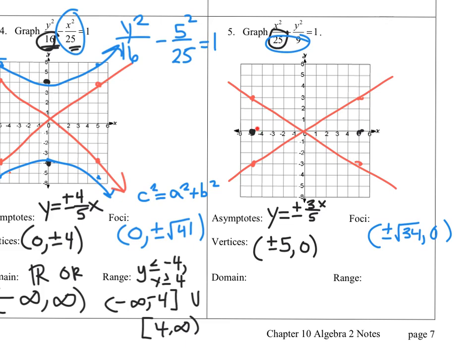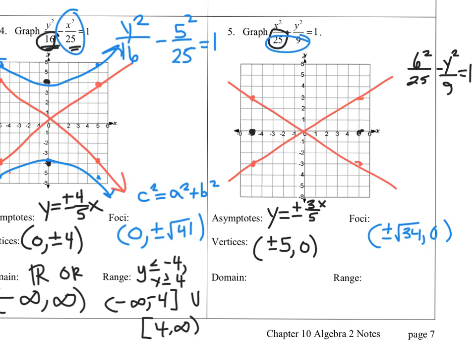Because the hyperbola is not included between here and here, I can plug in 6. So plug in 6 for x. So it's going to be 6 squared over 25 minus y squared over 9 equals 1.